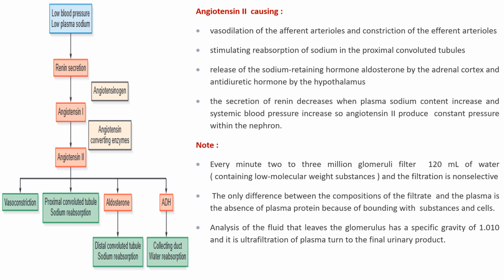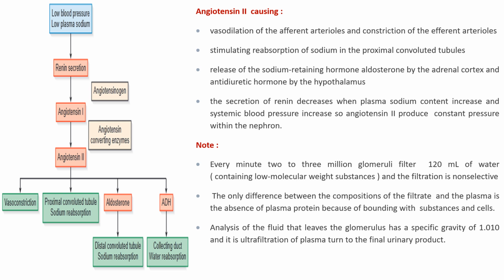Angiotensin 2 causes vasodilation of the afferent arteriole and vasoconstriction of the efferent arteriole, stimulating reabsorption of sodium in the proximal convoluted tubules, and releasing two types of hormones. Firstly, the sodium retaining hormone called aldosterone, by the adrenal cortex. It works on sodium reabsorption from the distal convoluted tubules.